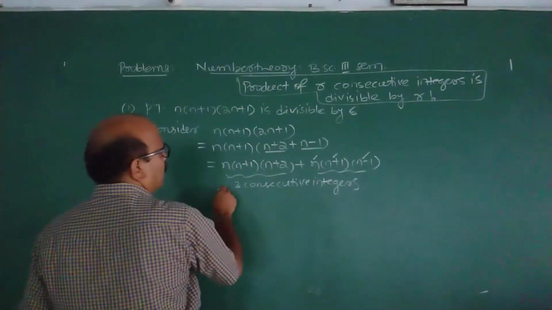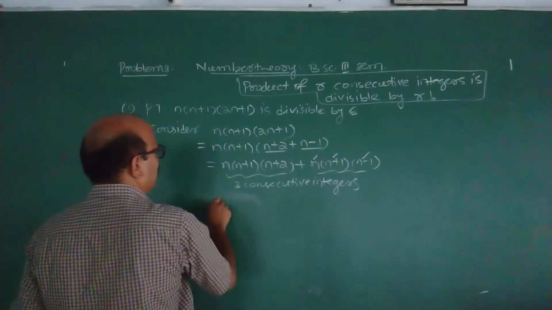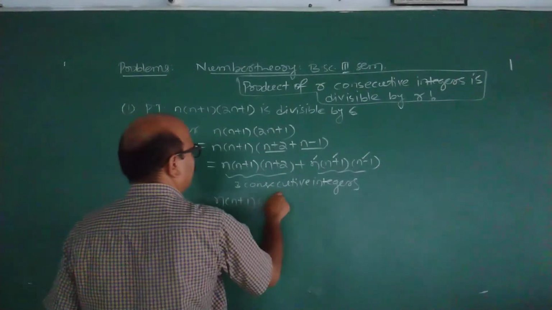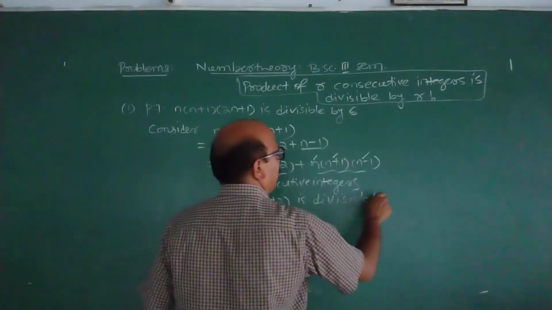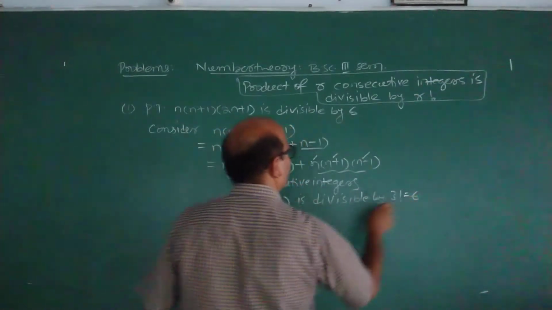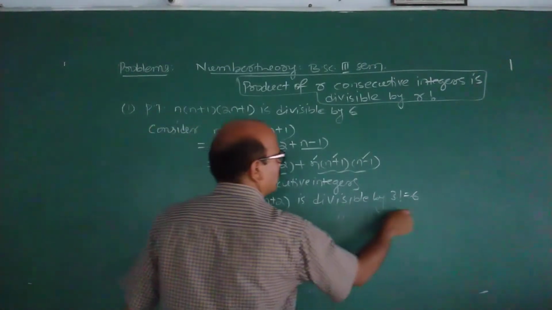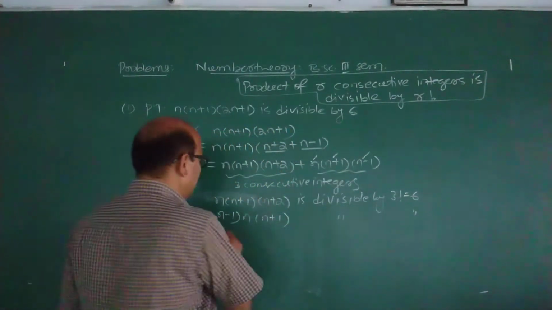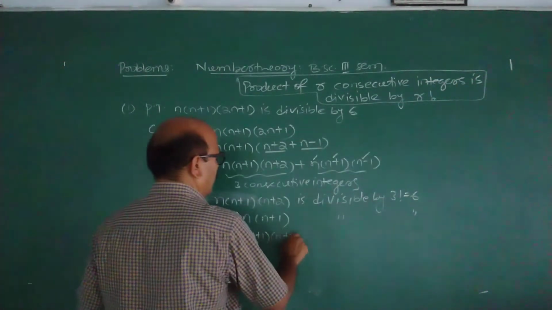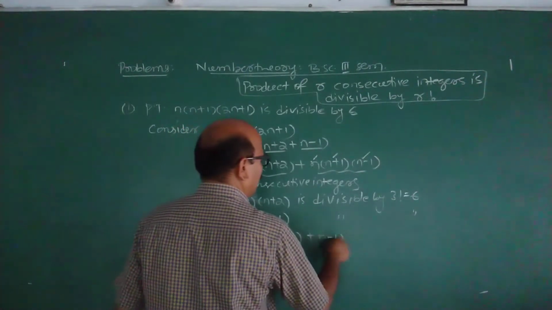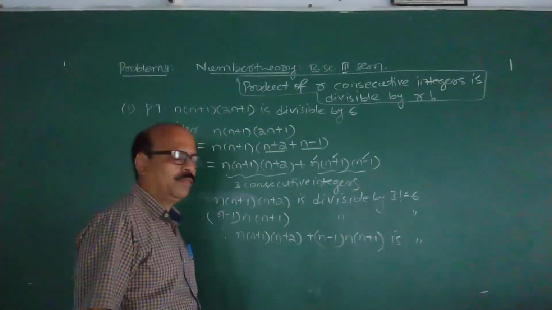Therefore, n into n plus 1 into n plus 2 is divisible by 3 factorial, that is 6. n minus 1 into n into n plus 1 is also divisible by 6. Therefore their sum, n into n plus 1 into n plus 2 plus n minus 1 into n into n plus 1, is divisible by 6.